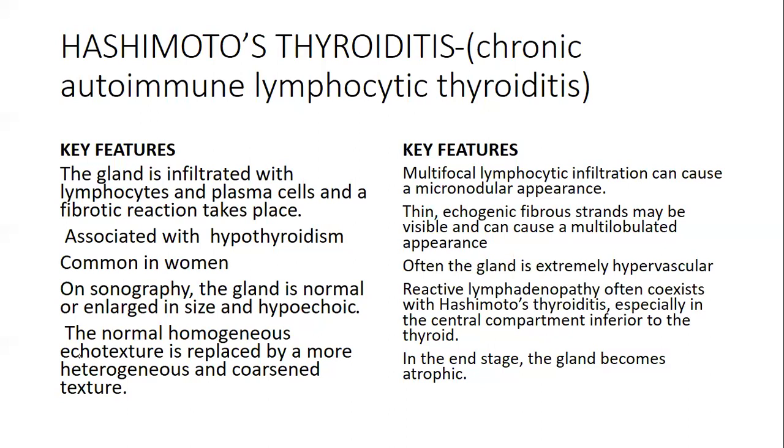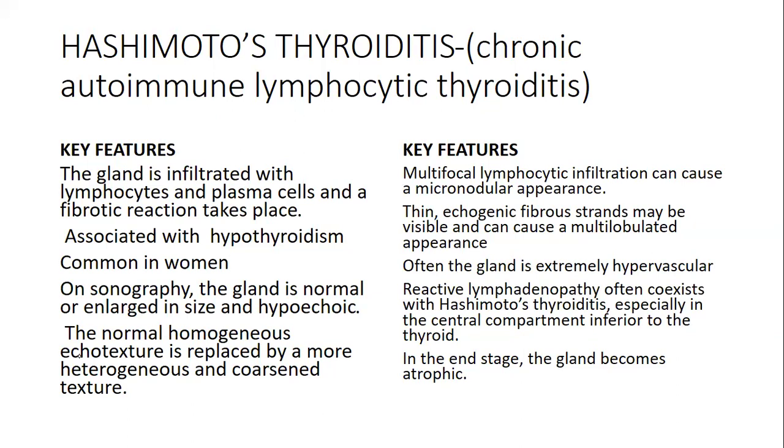For example, if you look at the fibrotic changes that happen in the liver, sometimes they form some nodules on the liver parenchyma. It's the same kind of scenario. Because of the inflammatory changes, there's a fibrotic reaction which will produce that nodular surface. Often the gland is extremely hypervascular.